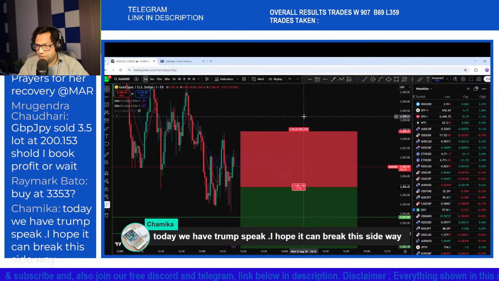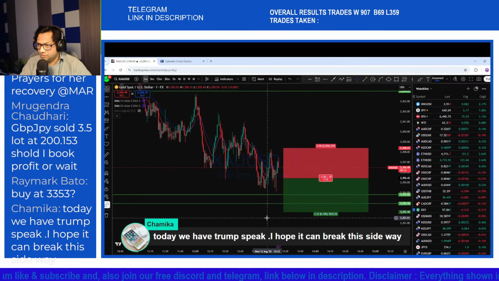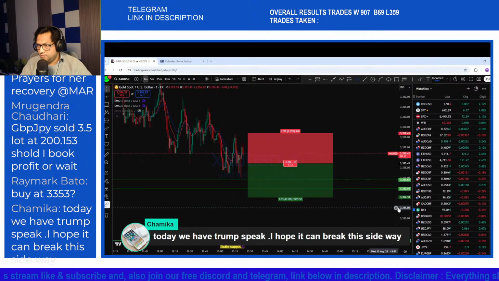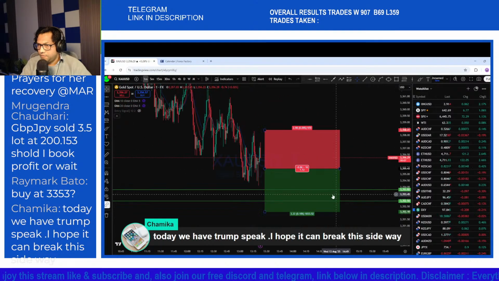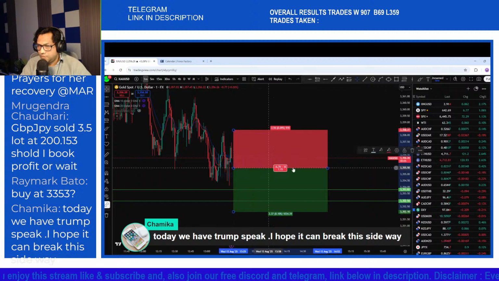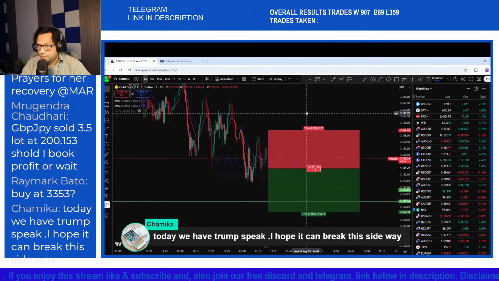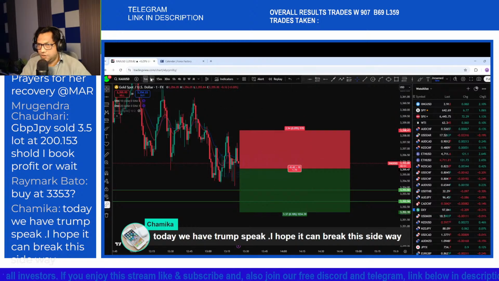Okay, I'd like to see it getting the rejection back below to fill that zone here, and I'd like to see the downtrend continuation here in this market.